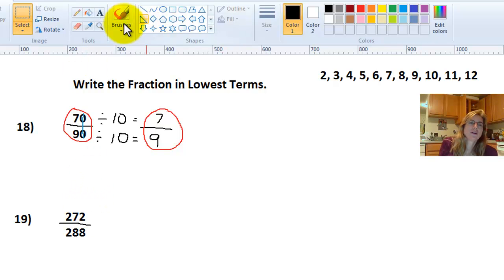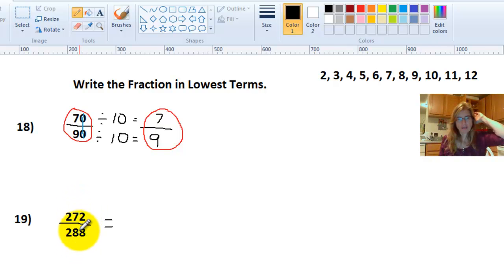Now this one down here, let's look at reducing that one. This one, you know, it doesn't come to mind really fast. Well, what is divisible? The first thing that comes to mind is 2, because they're both even numbers. Now, I know that 18 times 4 is 72, and 4 times 22 is 88.